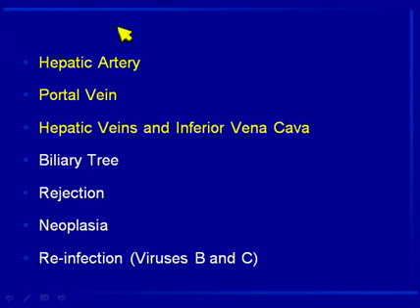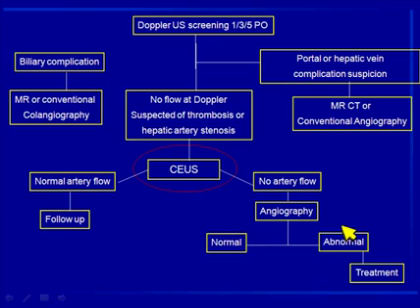Complications. There are many complications such as hepatic artery thrombosis or stenosis, in the portal vein, hepatic veins, and in the inferior vena cava, biliary tree, rejection, neoplasia, and reinfection by viruses B and C. When you suspect biliary complications, we can perform MRI or conventional cholangiography.